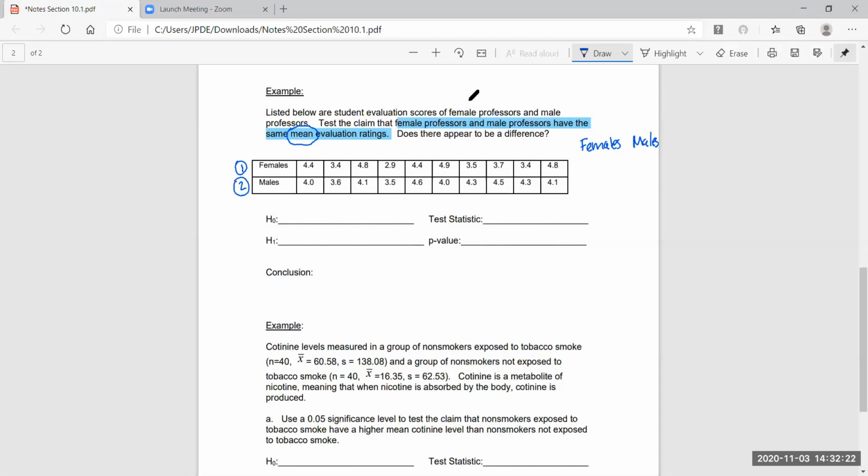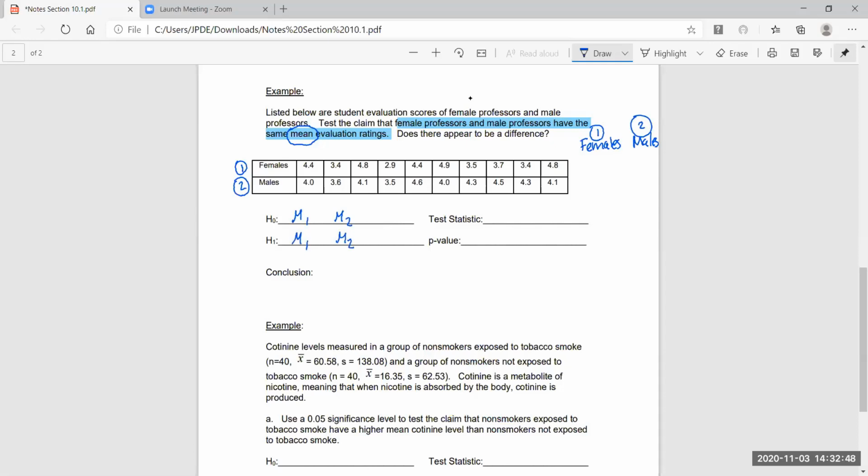It wouldn't be wrong if you did it the other way, but the consistency will probably make it easier if you stick with going in the same order. So our females are going to be our group 1 and our males are going to be group 2. And we're talking about their mean evaluation ratings. So the mean from the first group, the mean from the second group.